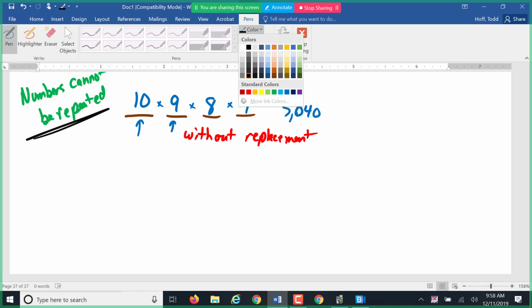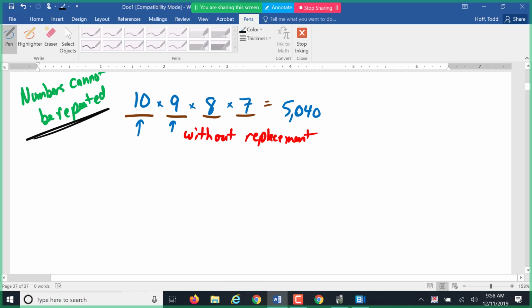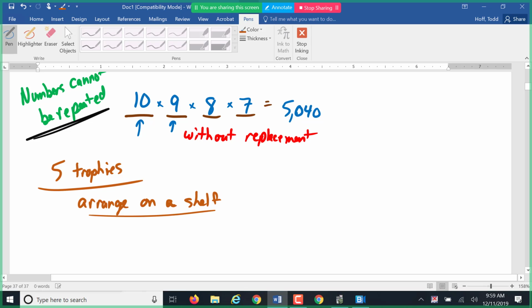One example of looking at this is, let's say we have 5 trophies, and we want to arrange them on the shelf. This is obviously without replacement, because once we put a trophy in one slot, we can't put it somewhere else. It can't be in 2 places at once.